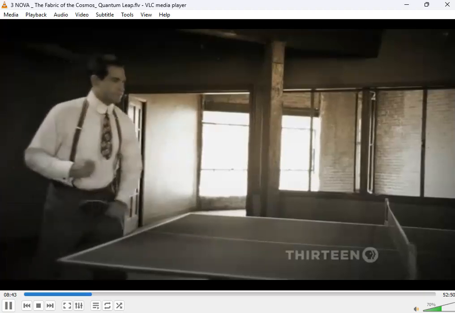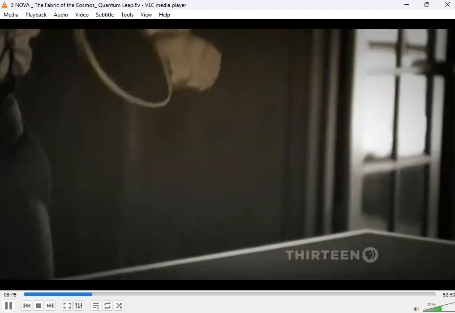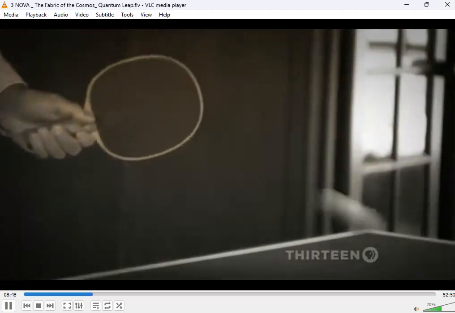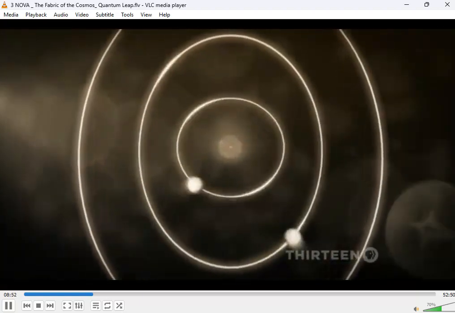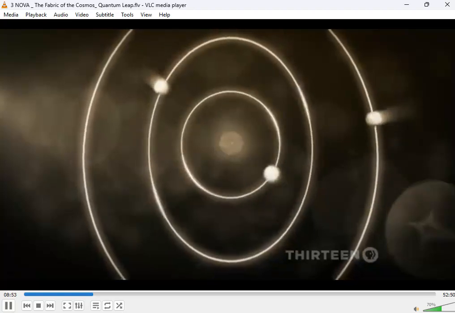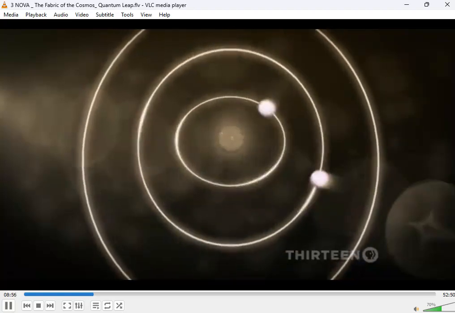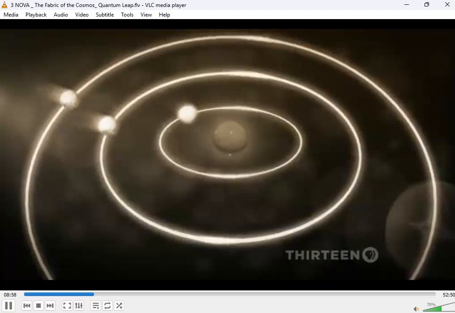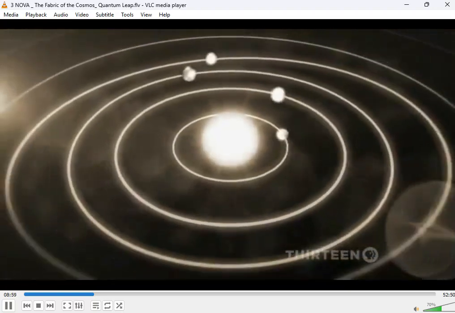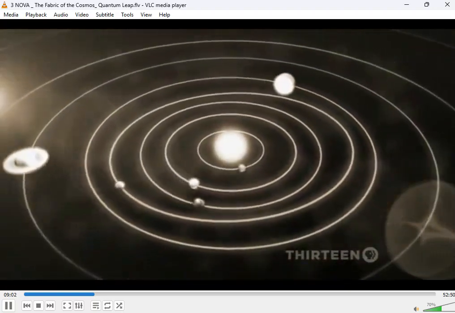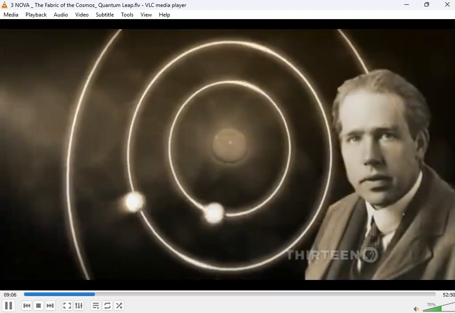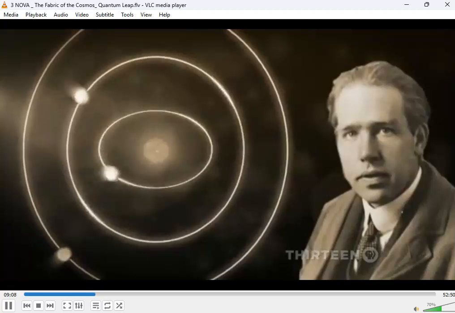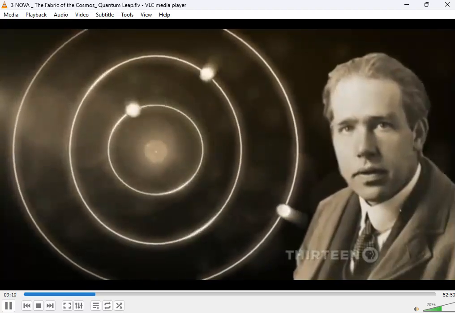Bohr was convinced that the solution to the mystery lay at the heart of matter, in the structure of the atom. He thought that atoms resembled tiny solar systems, with even tinier particles called electrons orbiting around a nucleus, much the way the planets orbit around the sun. But Bohr proposed that unlike the solar system, electrons could not move in just any orbit. Instead, only certain orbits were allowed.